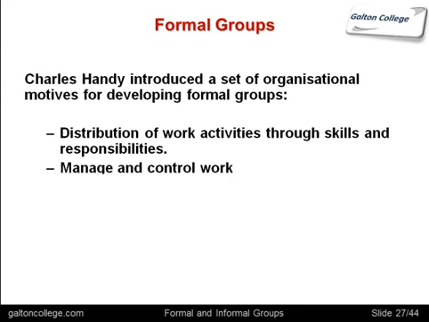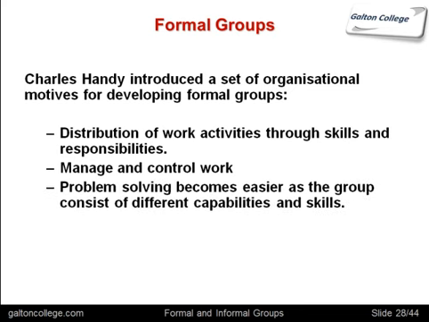The formal groups are able to manage and control work better than informal ones because there's more record and there's more transparency. People know exactly what they've agreed because they were at the meeting. It's been minuted. It's on paper. So there's a greater control. People know their obligations and what they've agreed to.